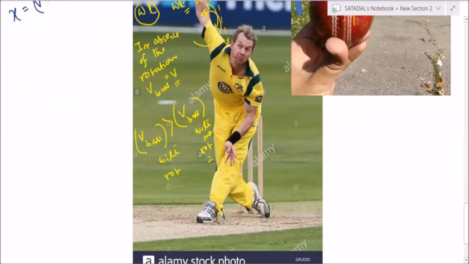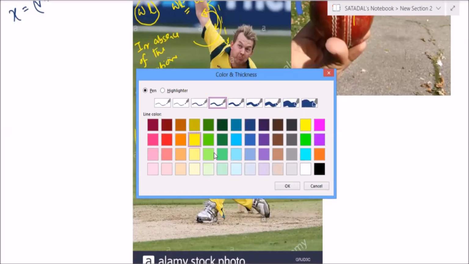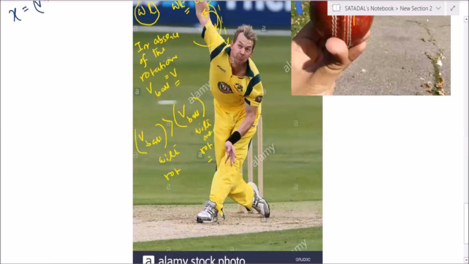Now I will think about the y direction. For the y direction, try to imagine one thing. Let us say this initial height, I am taking it to be h. This is some kind of height. We are not interested in this.